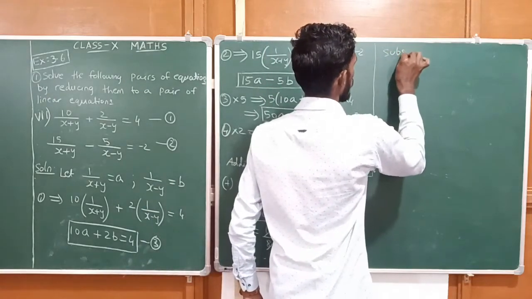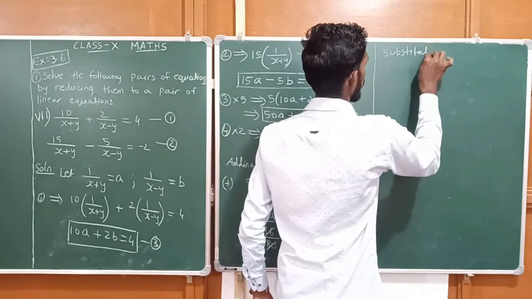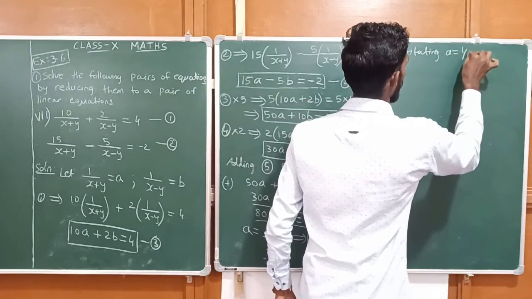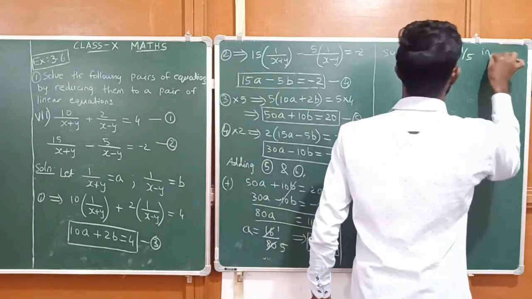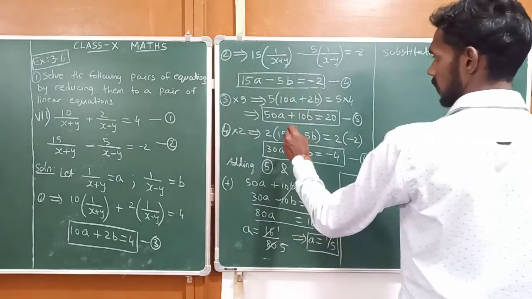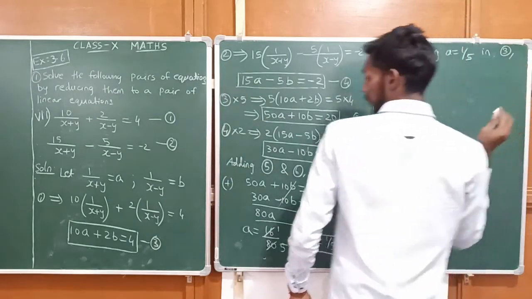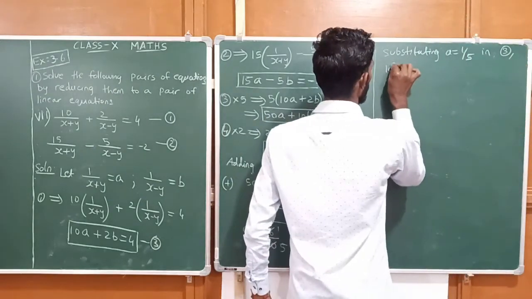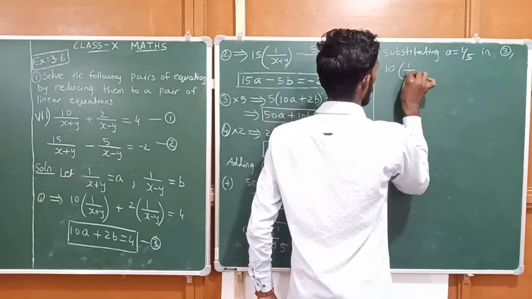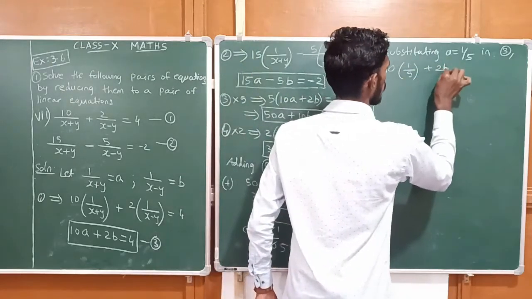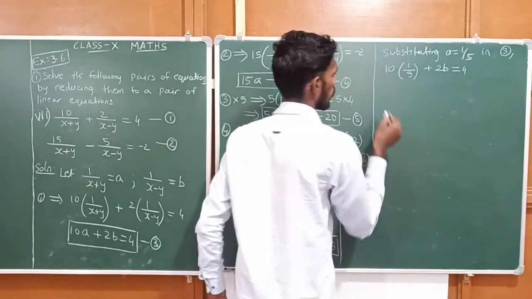Now, substituting a is equal to 1 by 5 in equation number 3. So, we will be getting 10a, that is 10 into 1 by 5 plus 2b is equal to 4.